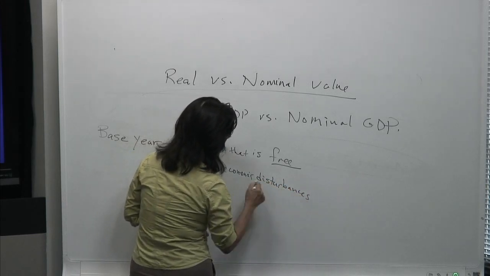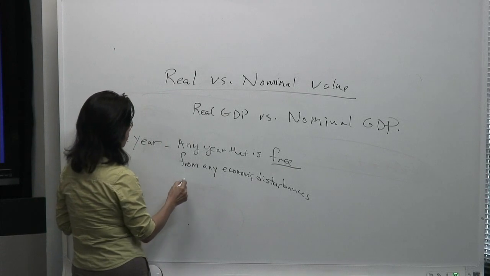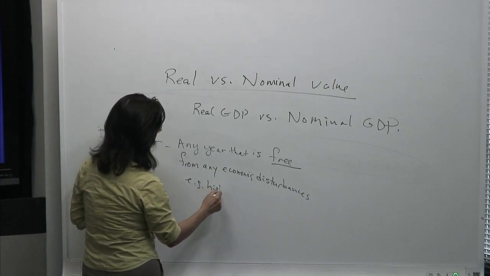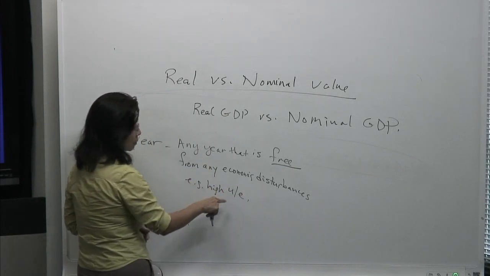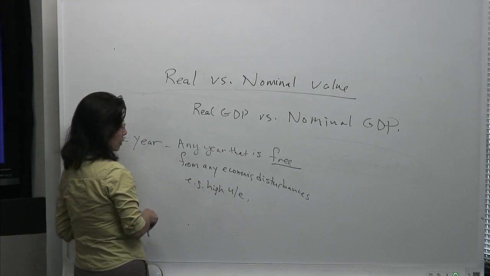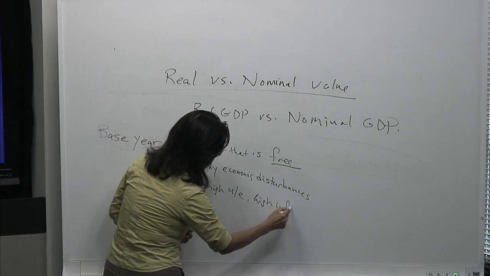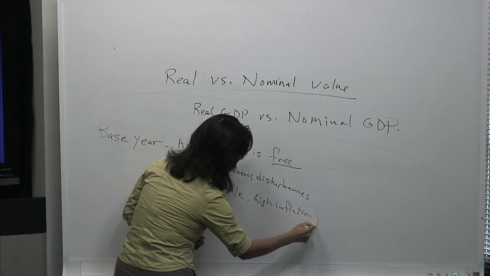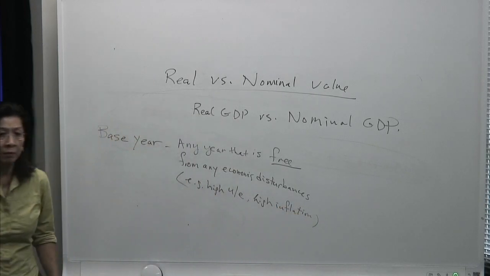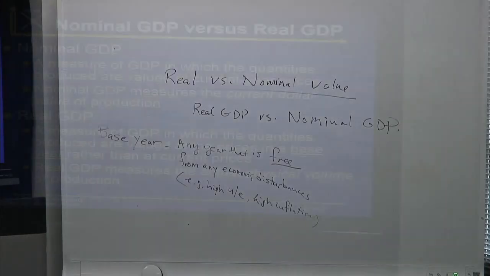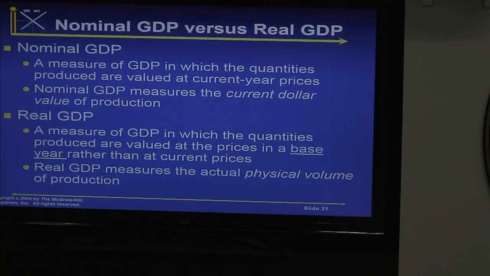My definition of economic disturbances, for example, will be high unemployment, or high inflation. So this is not a good year to use, like you won't want to use September 11, which happened in 2001, to be your base year.